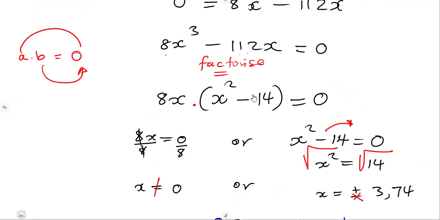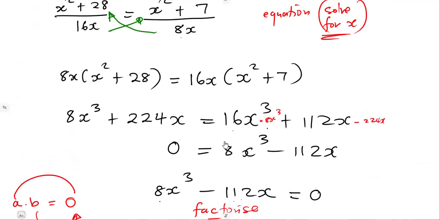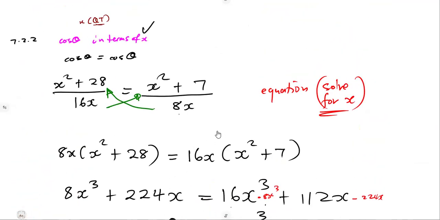So this is how we answer these typical questions. In this case, guys, you had to find a part which can be equated, where you can equate two expressions in terms of x.